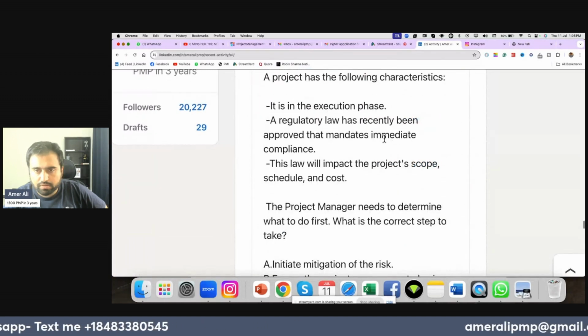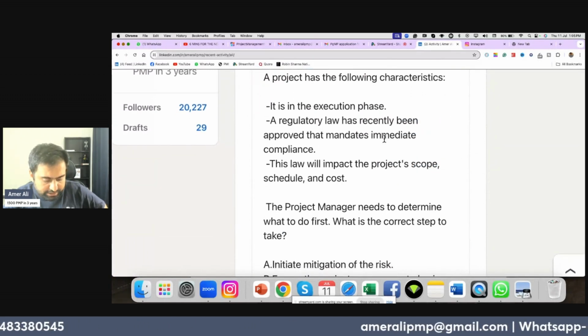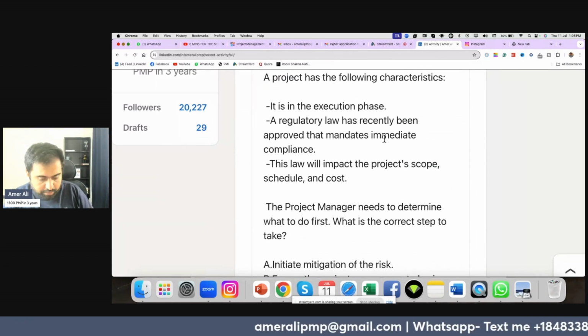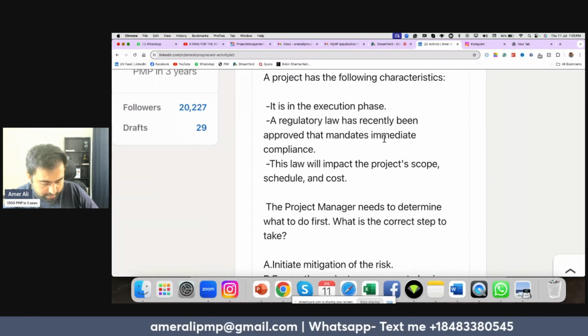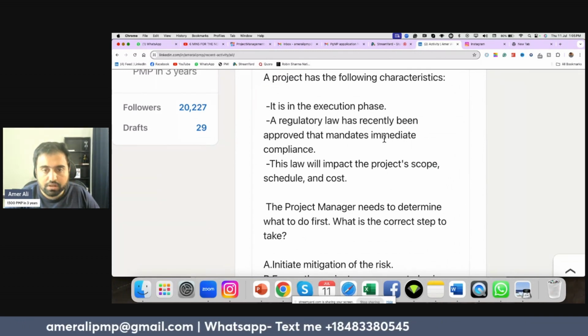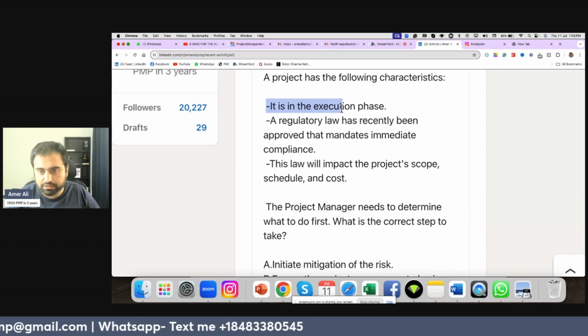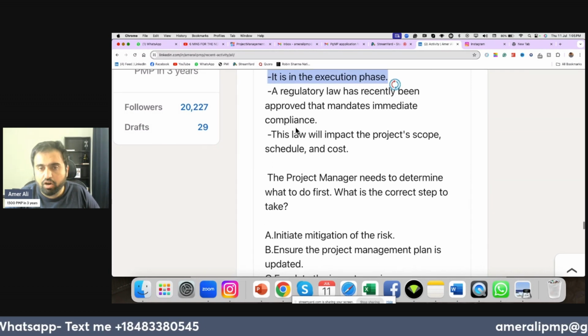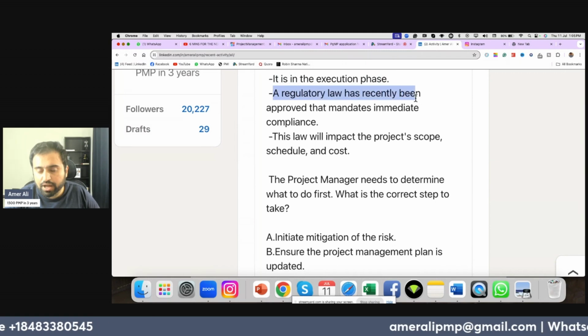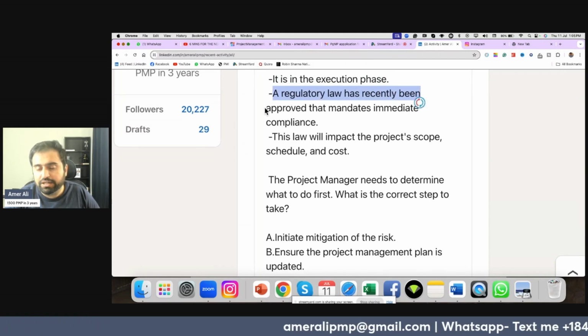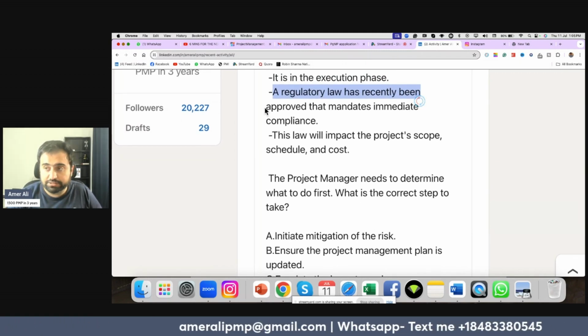Next question. A project has the following characteristics. It is in the execution phase. That is the first thing. A law has been approved that mandates immediate compliance.